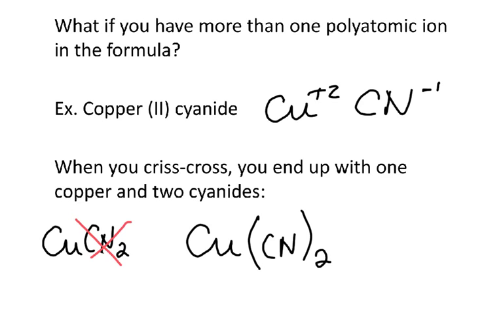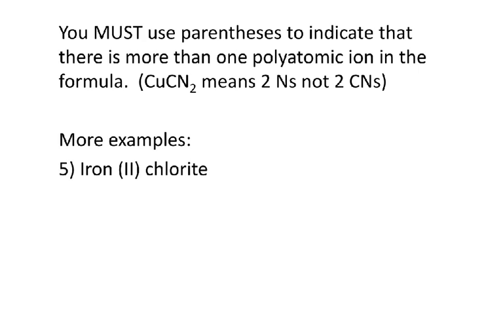That means there's 2 CN ions. You must use parentheses to indicate that there is more than one polyatomic ion in the formula. Otherwise, the little 2 would mean there's 2 nitrogens, not 2 CNs.